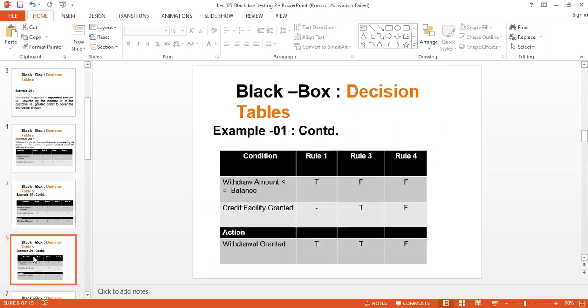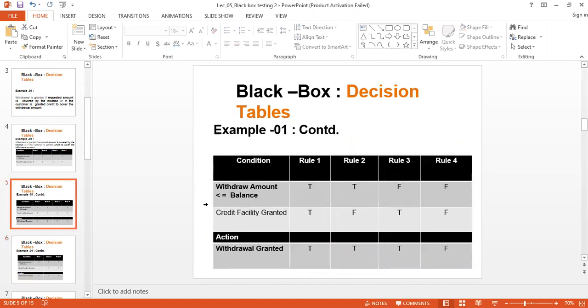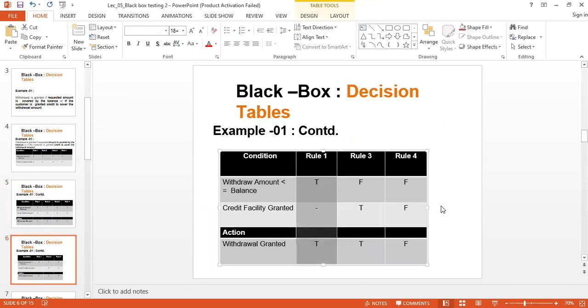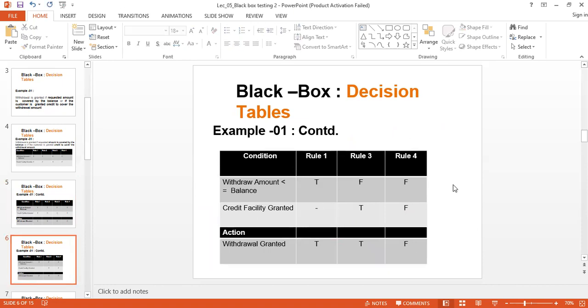So you can see I have collapsed these two tables into one, right? So that is how we do these decision tables.